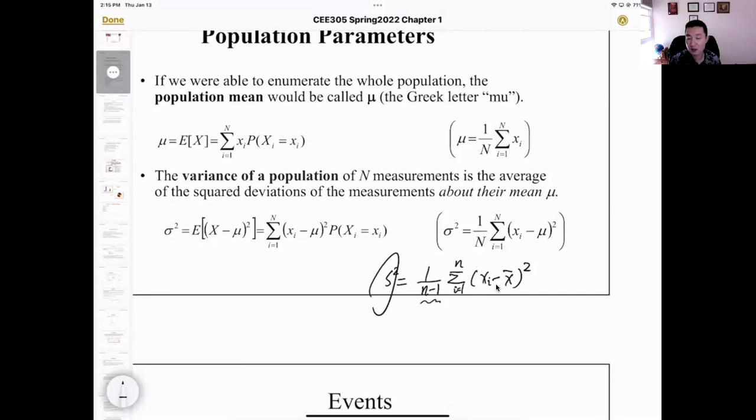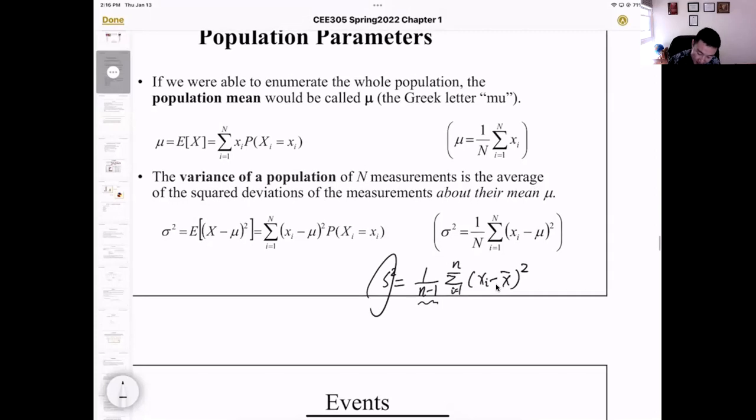Why do we use minus 1? We discussed last time that it's because we want to estimate sigma using S. Here n is the sample size, and this is the sample mean value. So these two equations have a very similar format.